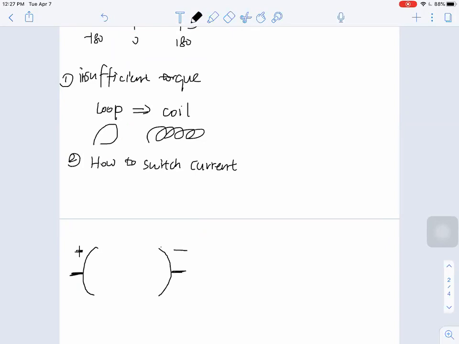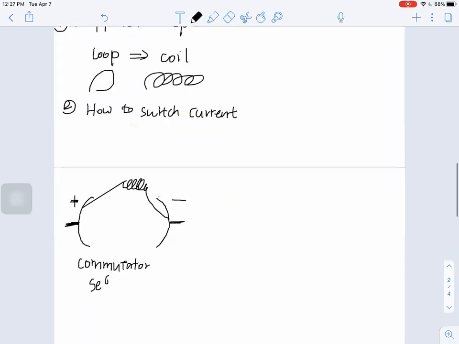We can have a coil connected with those two commutators, and each part of this kind of semicircle is called a commutator segment.